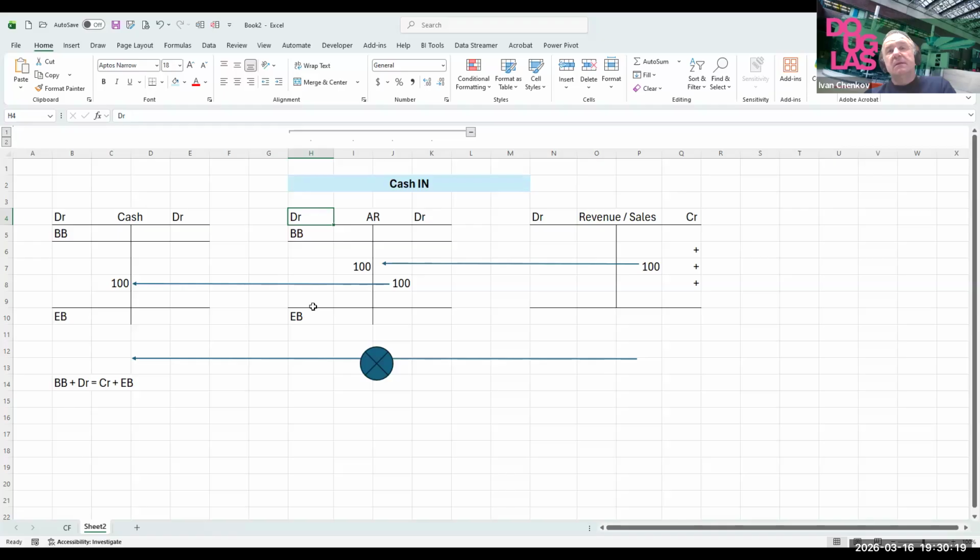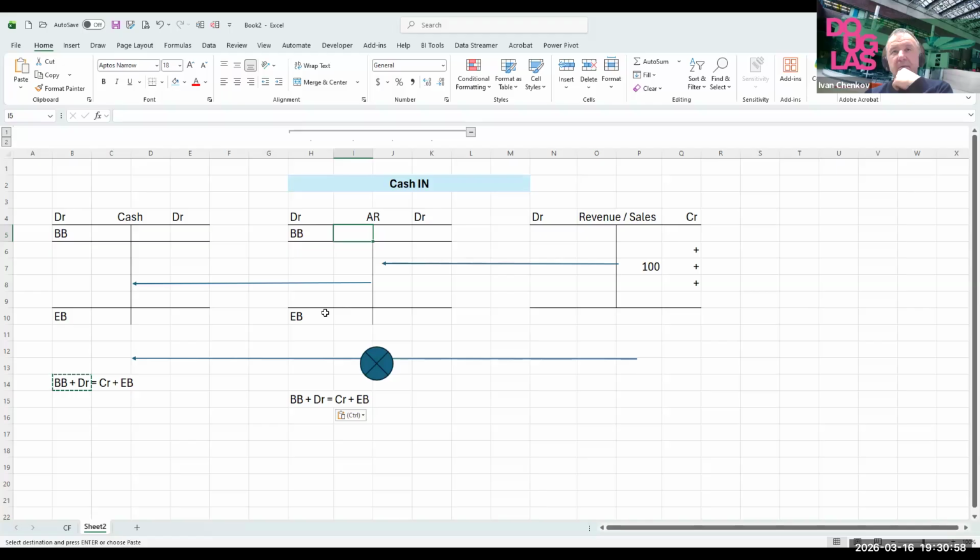Now let's see something interesting here, and I want you to think about it. Let me make it easy for me to manipulate those numbers. Since we know that this formula applies to all balance sheet accounts, and accounts receivable is also a balance sheet account, that means beginning balance plus the debit minus the credit gives us the ending balance.